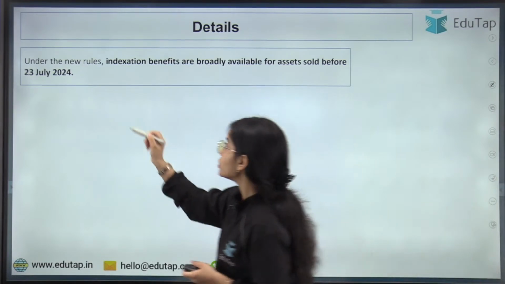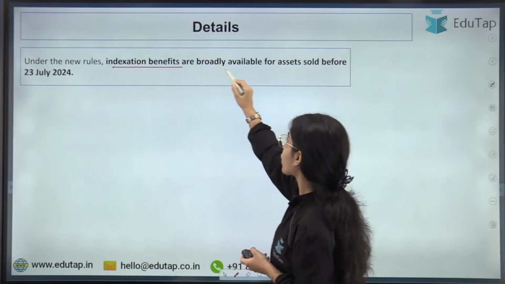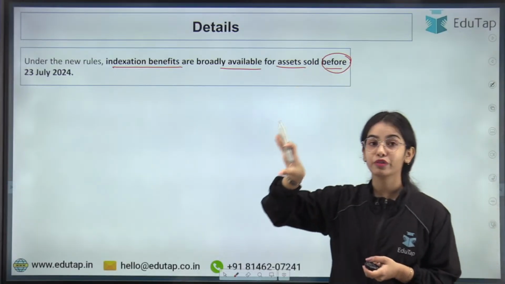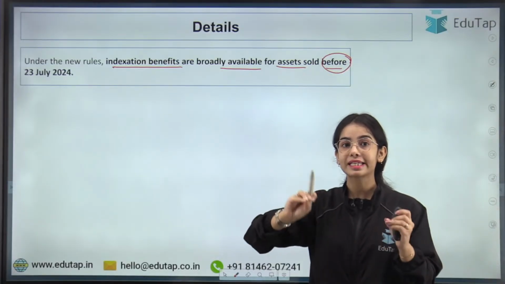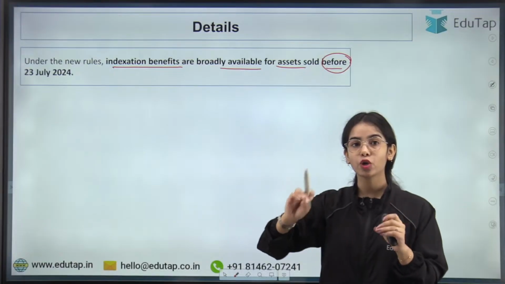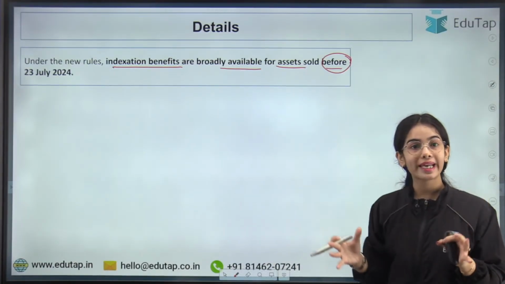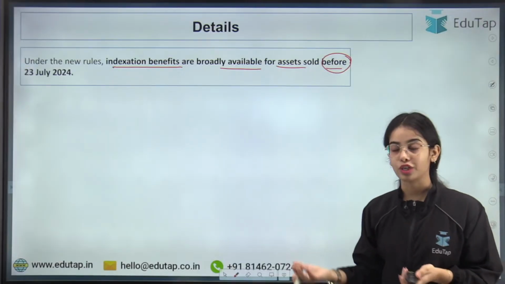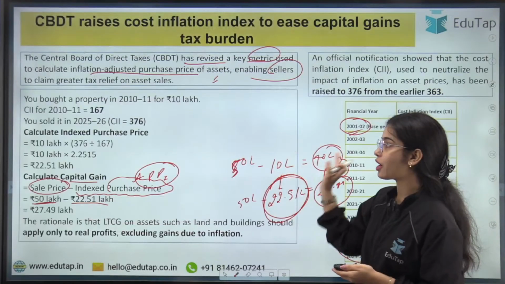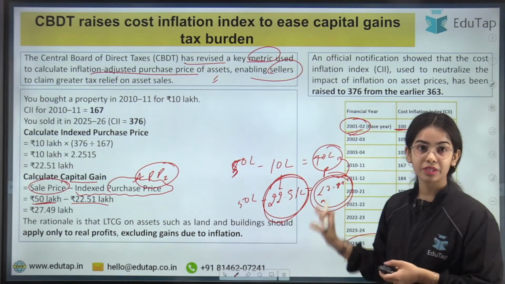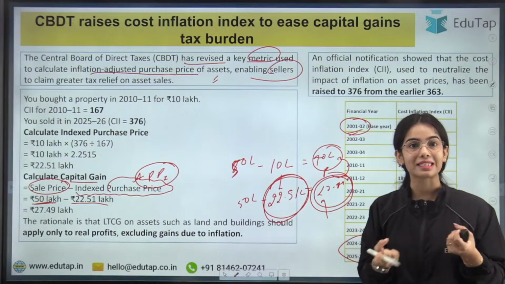Under the new rules, indexation benefits are broadly available for assets sold before 23 July 2024. You can understand that if you are selling your property or house after 23 July 2024, you will not get the benefit of indexation. So all this that we have understood, that you have to pay lesser tax because the real profit is less, so you have to pay lesser tax.